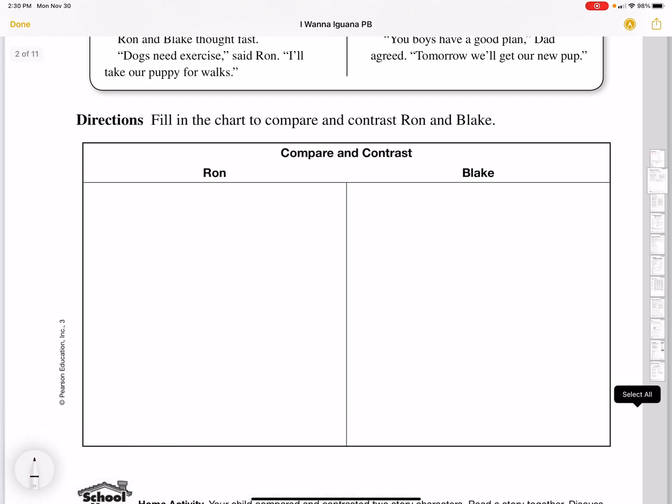So we're going to fill in the chart to compare and contrast Ron and Blake. So Ron wants a puppy. And Blake wants a puppy.